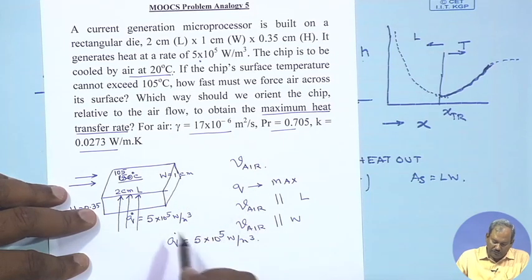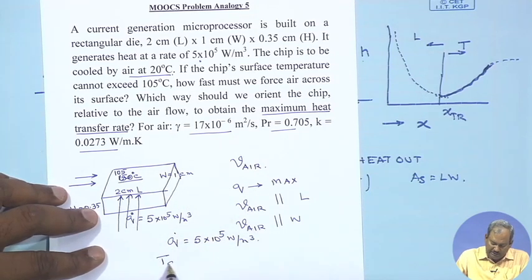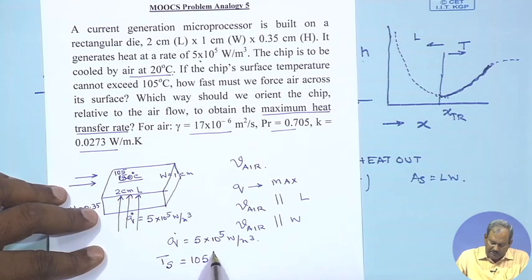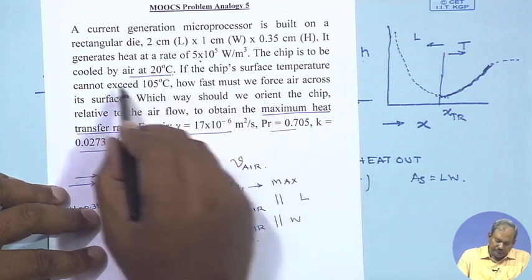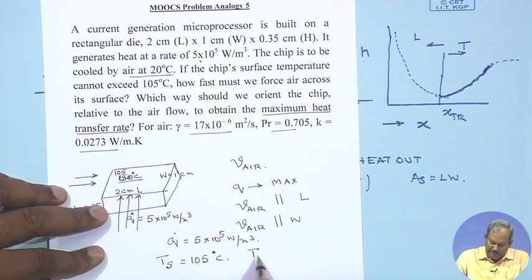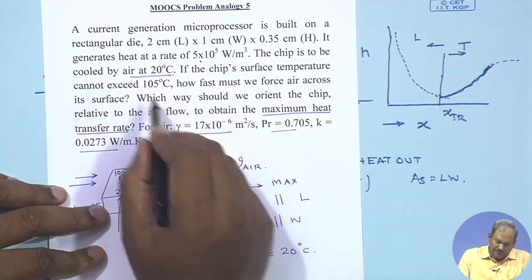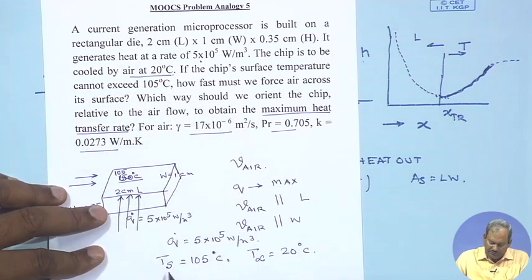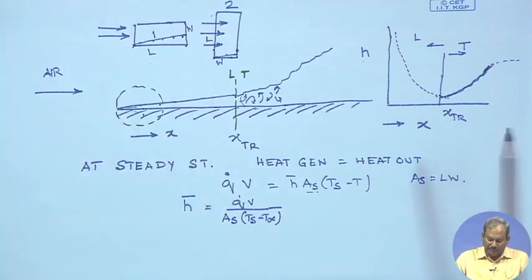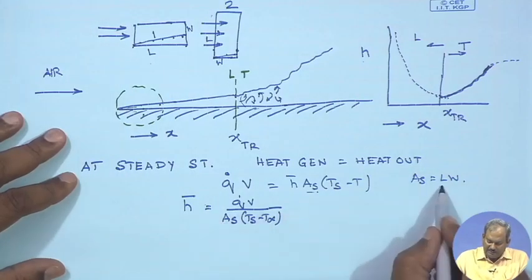The value of T surface must be equal to 105 degree. The chip is cooled and the T infinity is going to be equal to 20 degree centigrade. So, the air is 20 degree and it cannot exceed 105. So, your T_s maximum value would be 105 and T infinity is always at 20. And A_s is simply L times W.